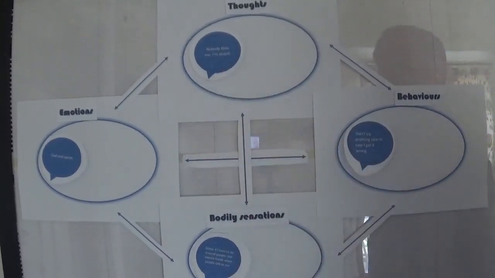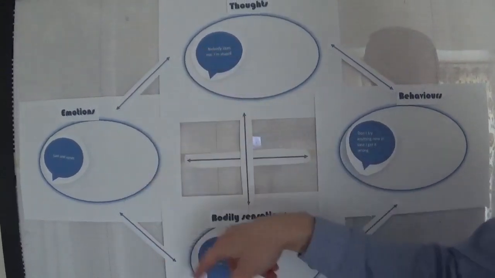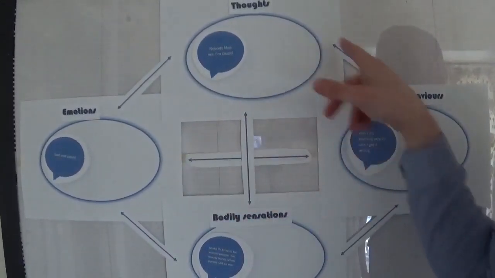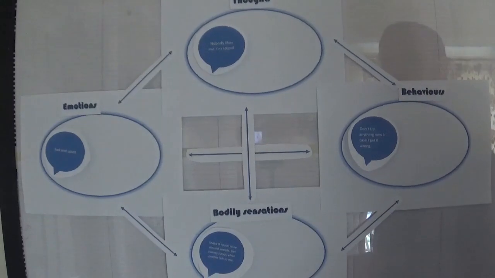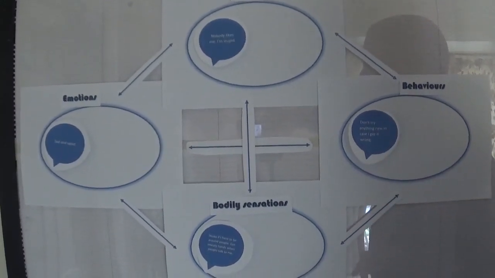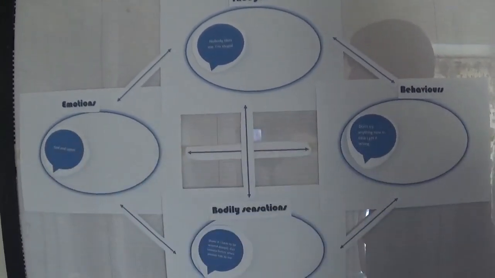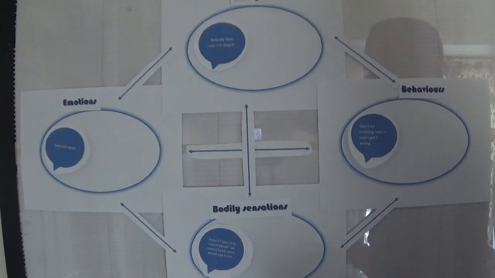Our thoughts: nobody likes me, I'm stupid. We look at the arrows, that's connected, everything is connected. So nobody likes me, I'm stupid. Well, that means that I don't try anything new in case I get it wrong. This makes me feel sad and upset. I might want to try something new.